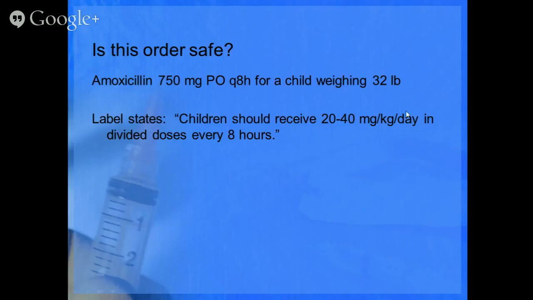We get the weight in kilograms, so we take 32 and divide it by 2.2, which gives us 14.5 kilograms. Now that we have the child's weight, what do we multiply that by? 20 to 40, because we're looking at milligrams per kilogram per day.